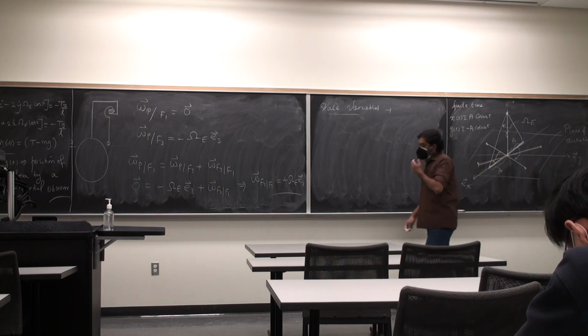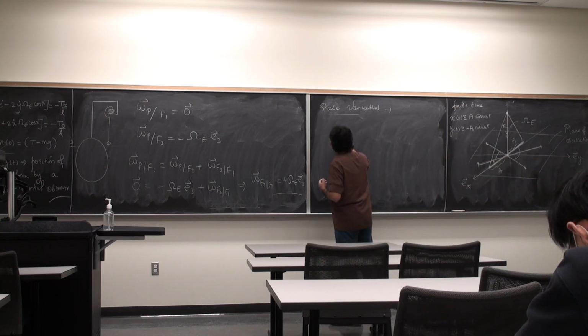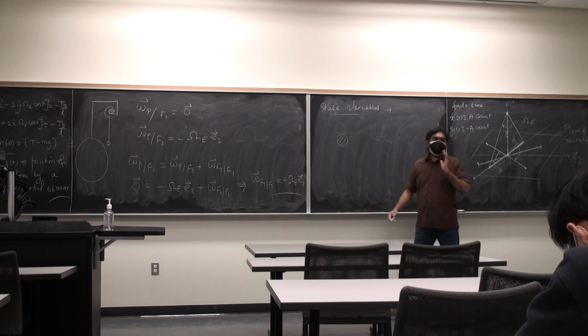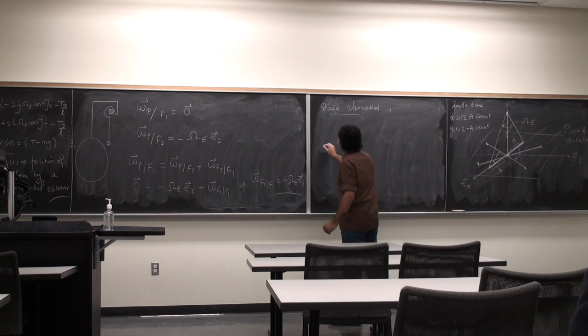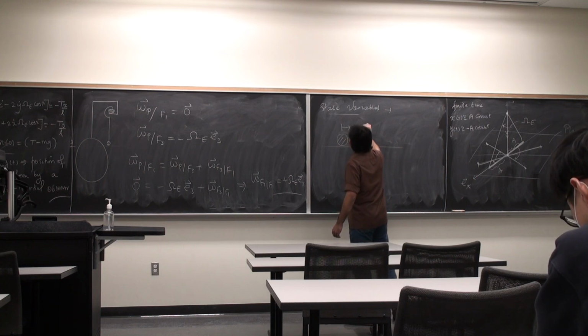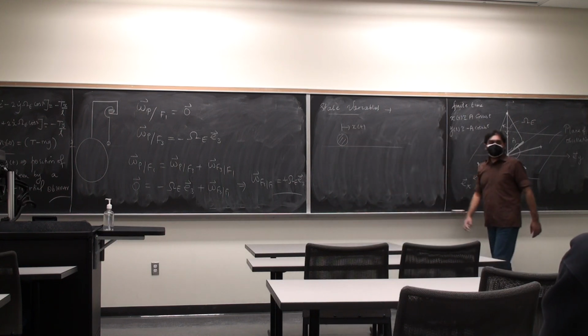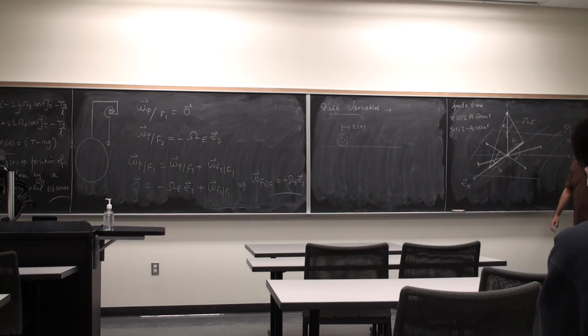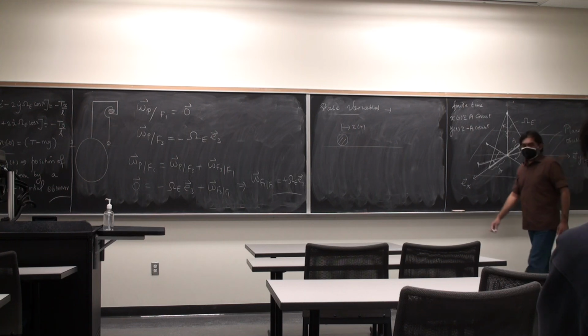Okay? So I'm going to look at a simple example. Just a ball traveling along the horizontal plane. Okay, so let's say x of t is its degree of freedom, right? And I have some forces acting on this ball.